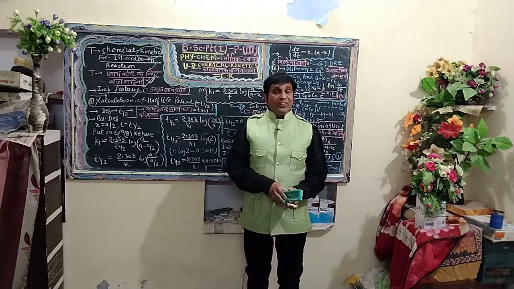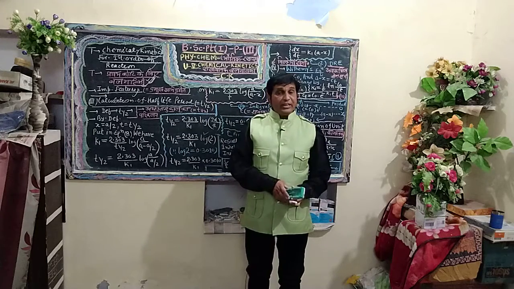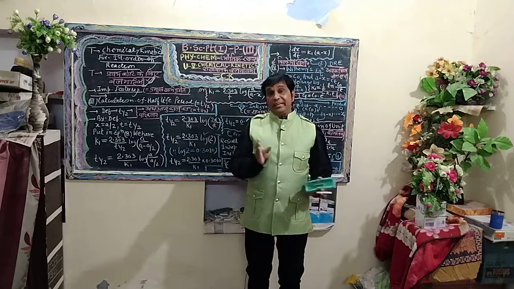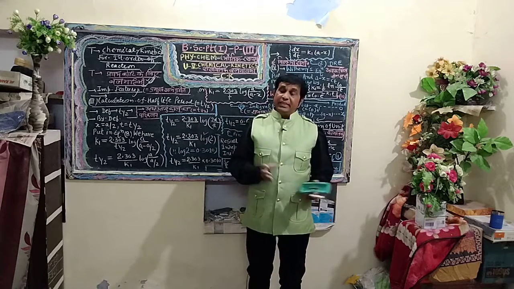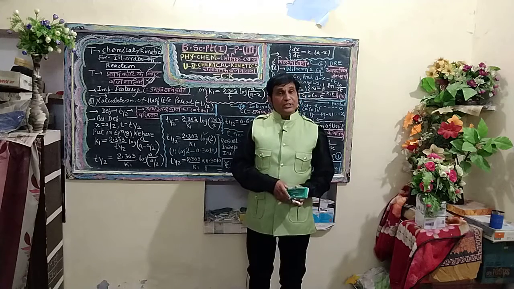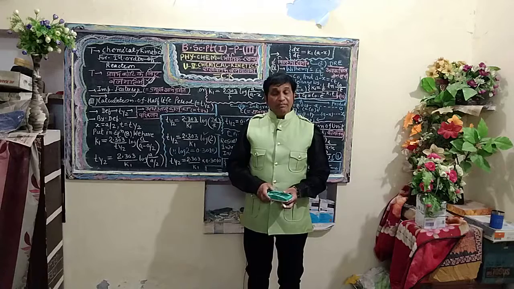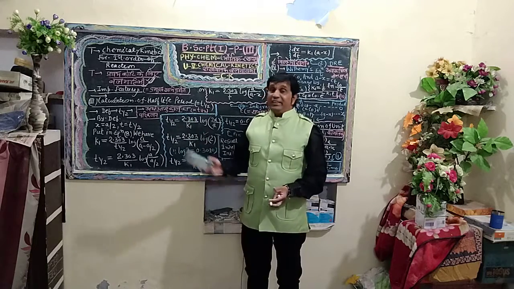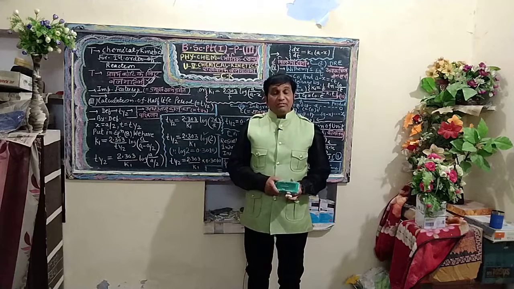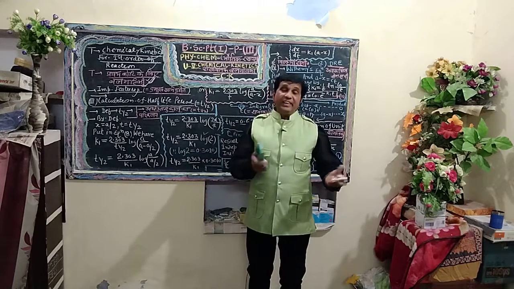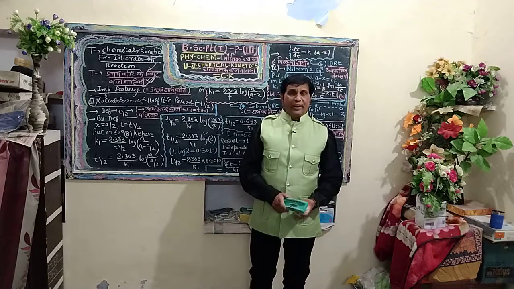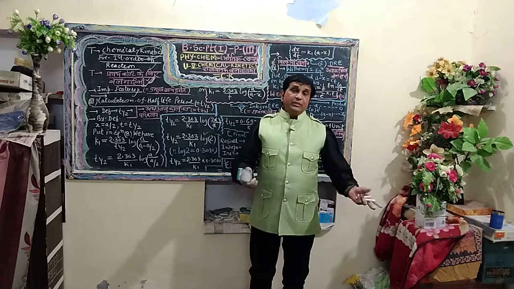Now it is the turn to define. How will you define rate law and rate equation? The rate law equation establishes the fundamental relationship between three important quantities: dx by dt, the velocity constant K1, and finally the concentration, which is expressed as a minus x at time t. It is very simple to define.